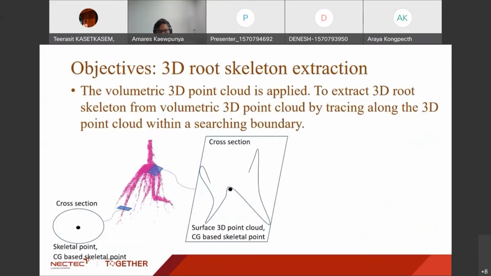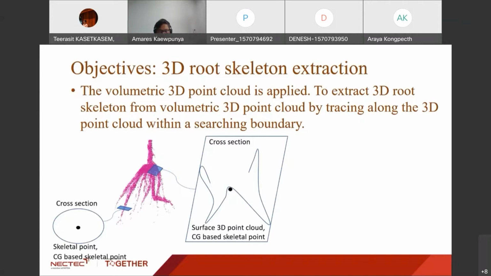Three-dimensional images can be classified as surface, which has three-dimensional points only on the surface, and volumetric, where there are three-dimensional points inside the object. For a conventional method, a skeleton point is the centroid of the cross-section. A typical root is cylindrical, resulting in an oval cross-section.